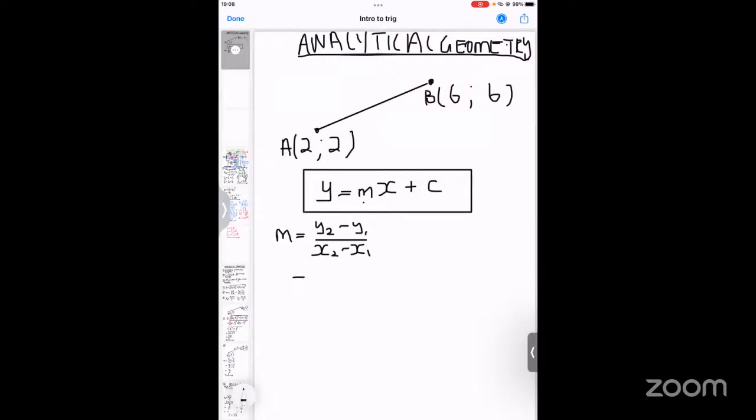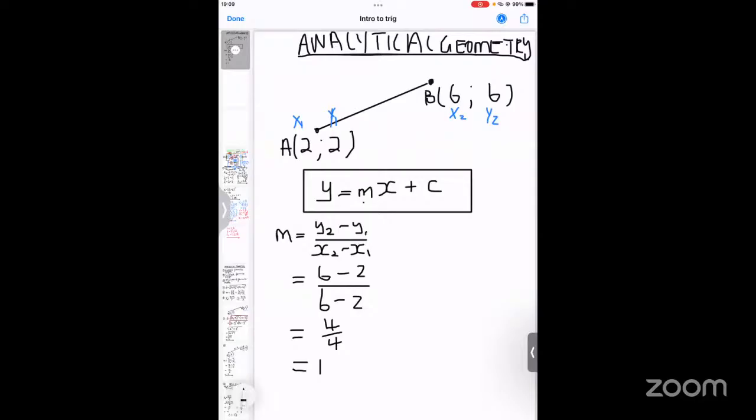So we can regard these as our x2, y2, x1, y1. So I've got 6 minus 2 over 6 minus 2, which is equal to 4 over 4, which is equal to 1.